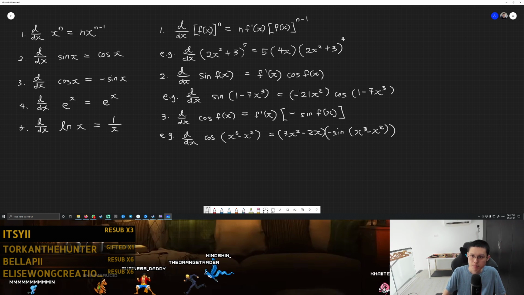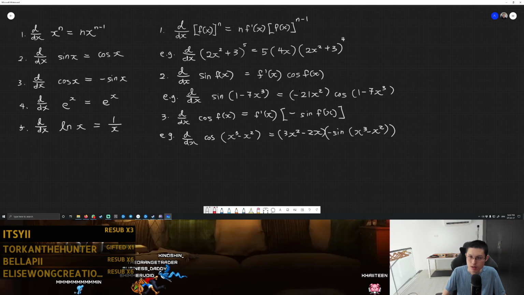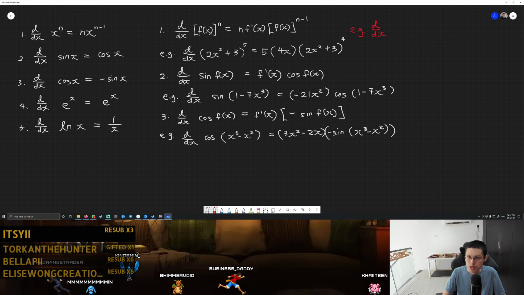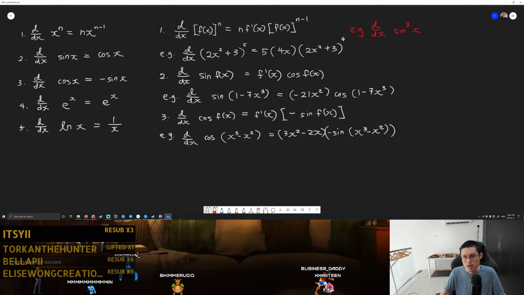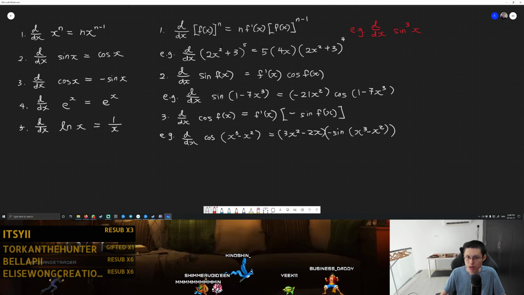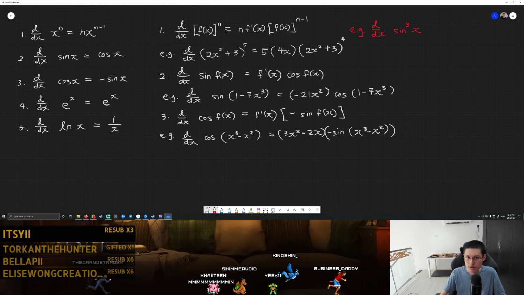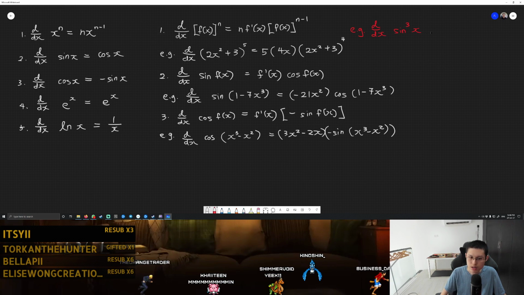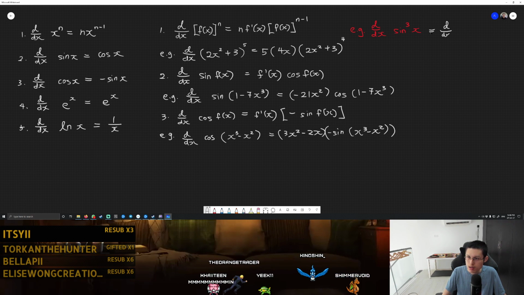Right. Now, let's do another example. What if I were to differentiate sine cubed x? Well, sine cubed x is actually not something like that, and also not something like this, but it is actually this guy in disguise, because sine cubed x is actually d/dx of (sine x) to the power of 3.